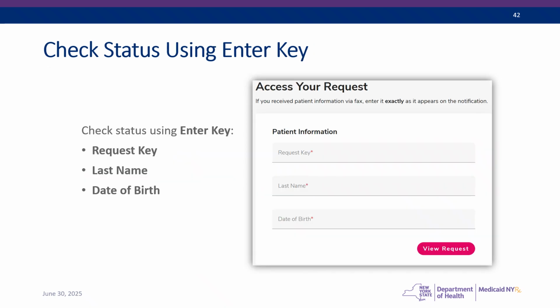Using the Enter Key function, you can find a specific request by providing the request key, the patient's last name, and the patient's date of birth. This method is useful for renewing a case that is over 90 days old because they can be more difficult to find. Once you've entered the information, click View Request.